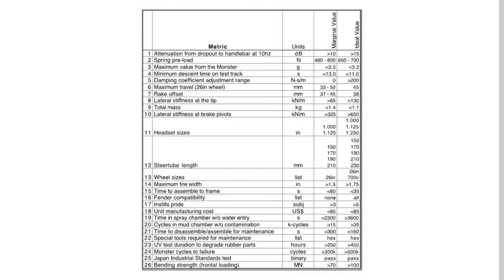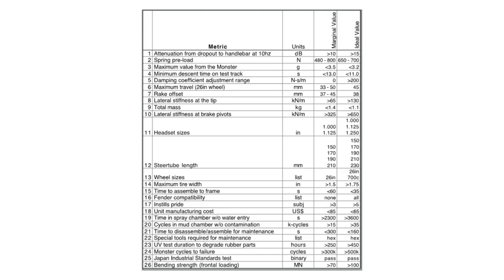Next one. These are the marginal and ideal values. We call them target specifications or target metrics for our new product. Remember, review your project proposal and try to imagine what metrics should be proposed.